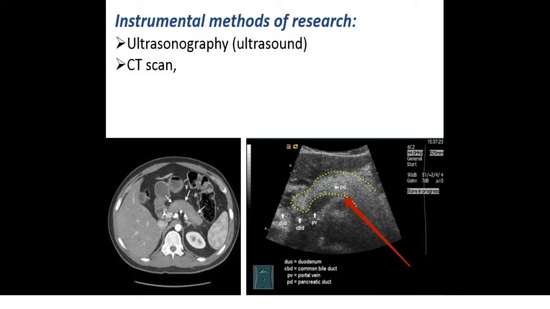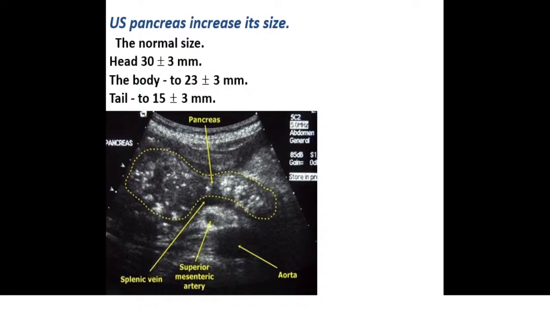If we do ultrasound examination, we can determine how the size of the pancreas changes, and we can also see the pancreas on computed tomography. On ultrasound examination, the normal size of the head is near 3 centimeters, the body near 23 millimeters, and the tail near 15 millimeters.